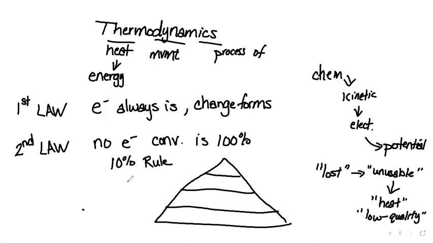So on the first level of a trophic pyramid, where you have your primary producers, your photosynthetic organisms are theoretically able to access 100% of the solar energy that reaches them.